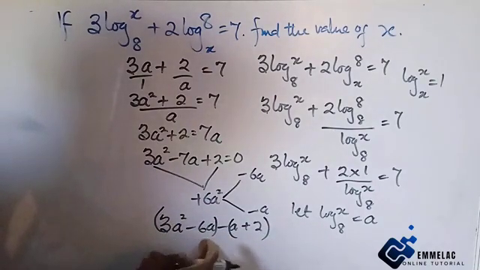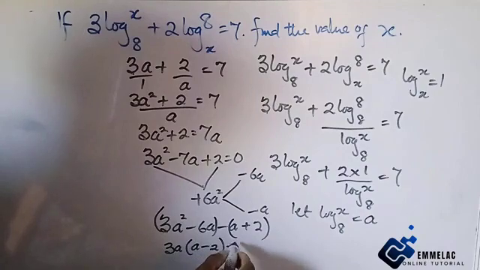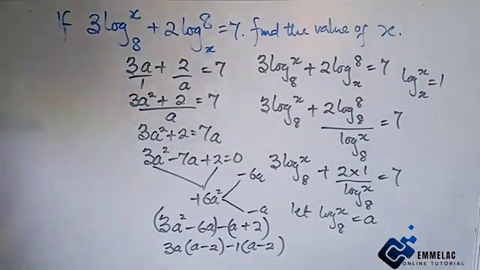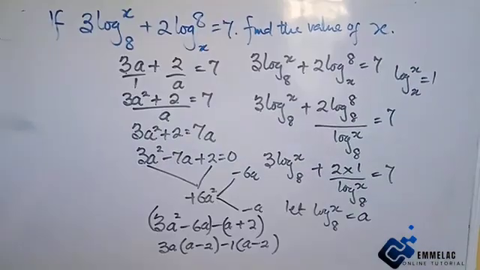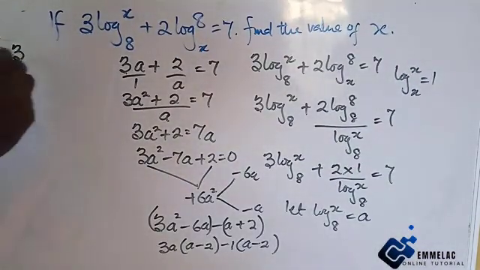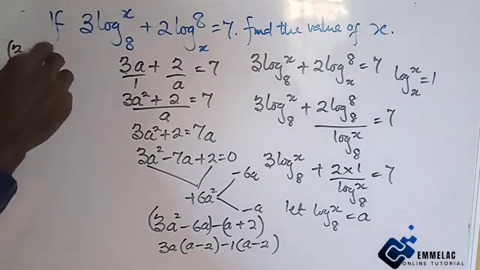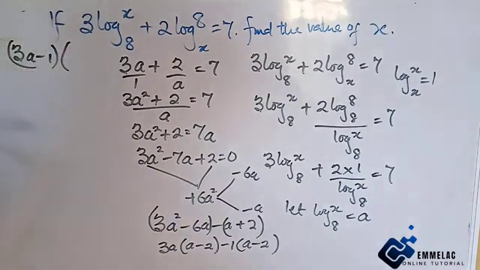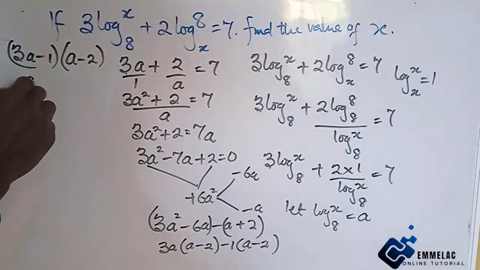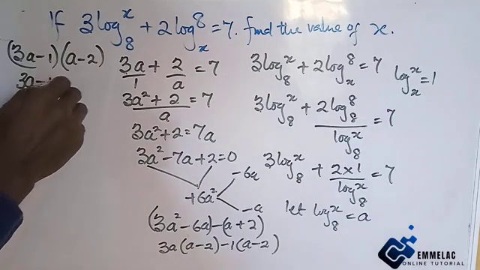So let us collate and factor out. Here we have 3a times a minus 2, then minus 1 times a minus 2. So to this regard, here we have 3a minus 1 and a minus 2, which will definitely give us that 3a minus 1 equals 0.